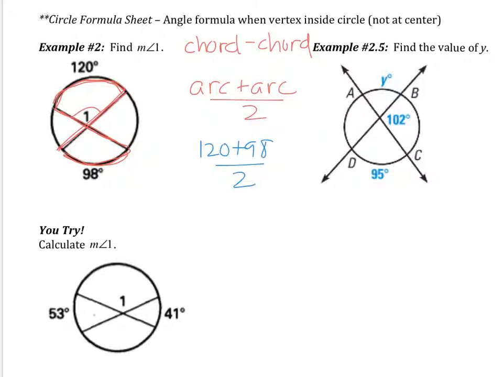What do you get? Should it be a number greater than 120, less than 98, or in between 98 and 120? What'd you get? 109. She got 109. Anybody else? 109. All right. So angle 1 is equal to 109 degrees.